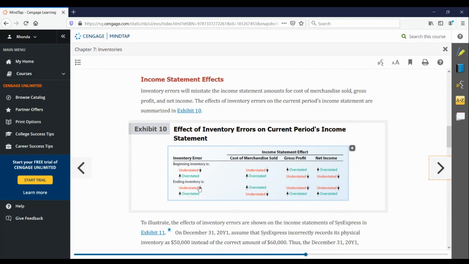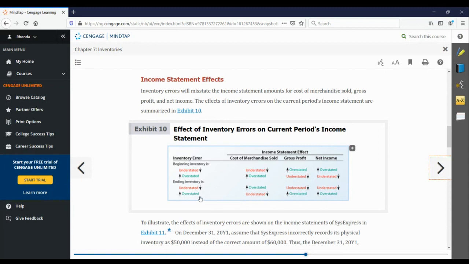If the ending inventory is understated in one period of time, the beginning inventory the next period of time will also be understated. And if the beginning inventory is understated, then it will affect the gross profit as being overstated. And if gross profit is overstated, it affects net income as being overstated. So this is a chart that you might want to look at and study to help you to understand the effect of inventory errors on the income statement.